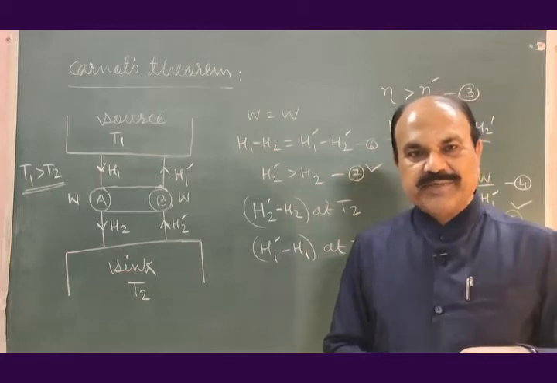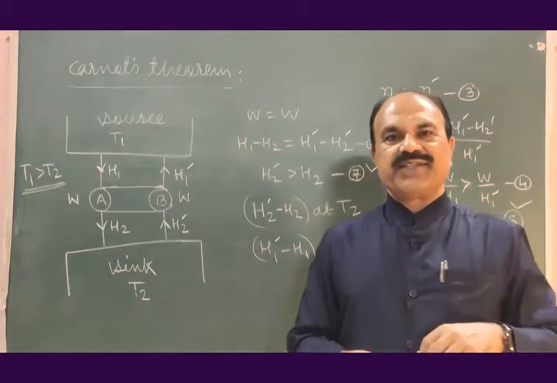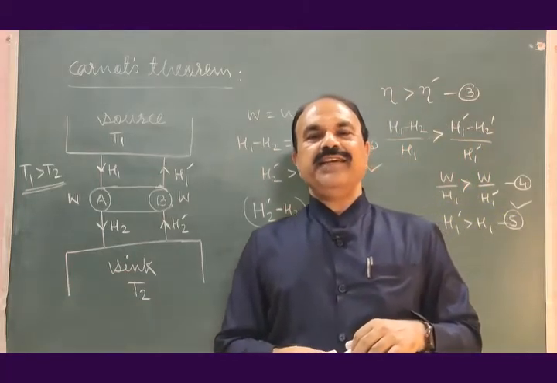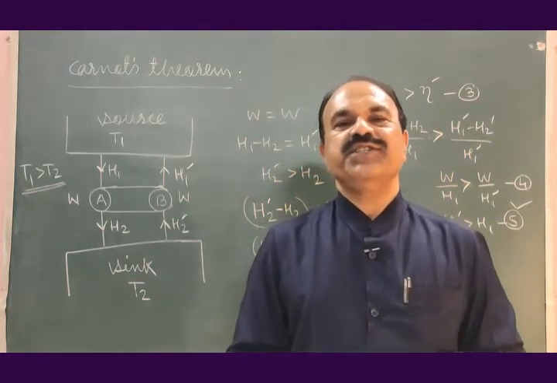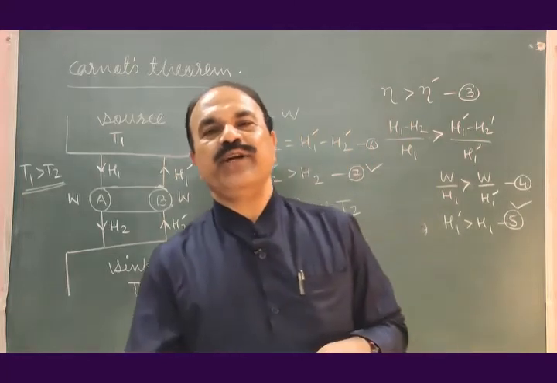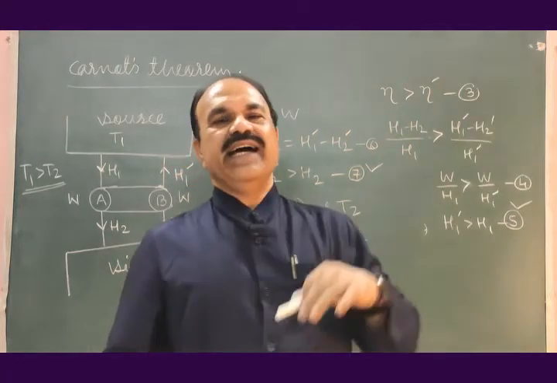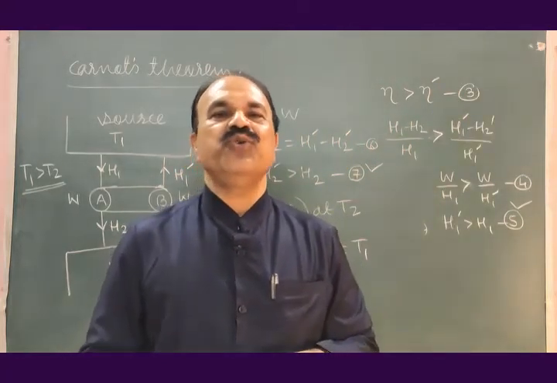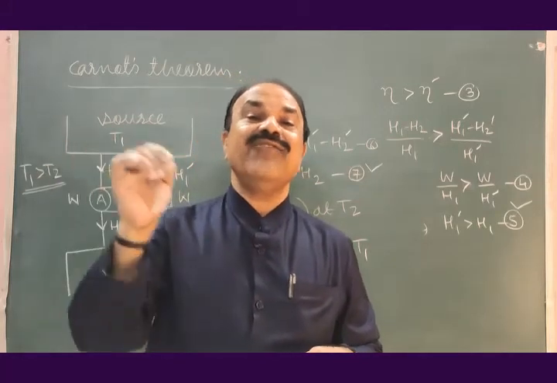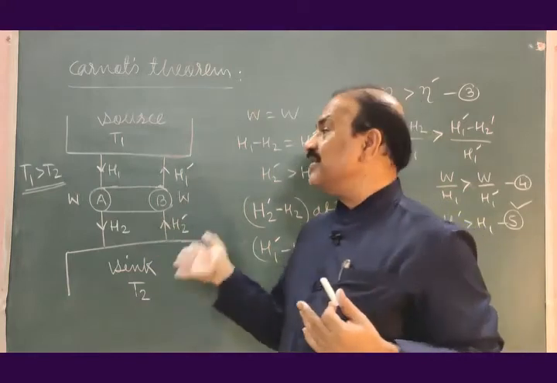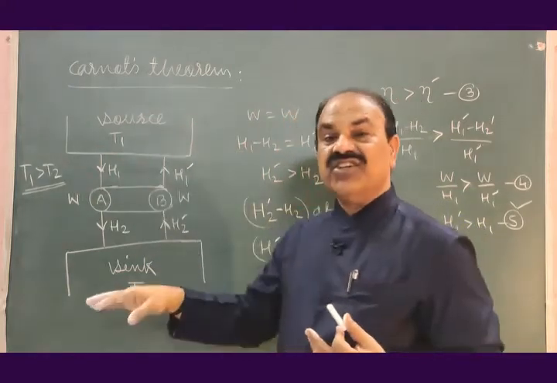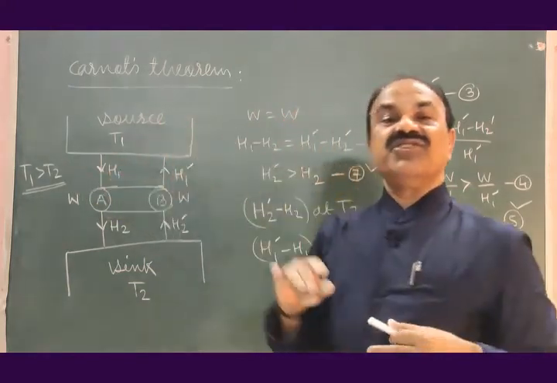What is the statement of second law of thermodynamics? It is impossible to transfer heat energy from a body at low temperature to a body at high temperature without doing external work. Here no external work is done. No agency there which does external work on this system.